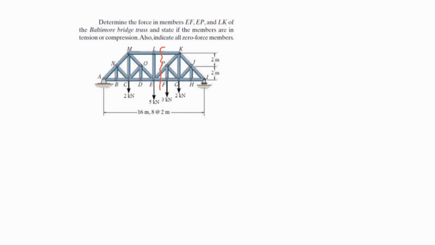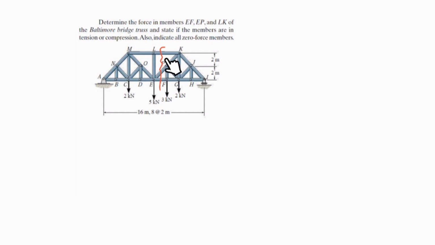But before that, we need to find the reactions. If I consider this part here, the roller is adding another unknown and I cannot solve this, so I need to do a free body diagram of the whole system and solve the problem after that. The other thing here is zero force members.